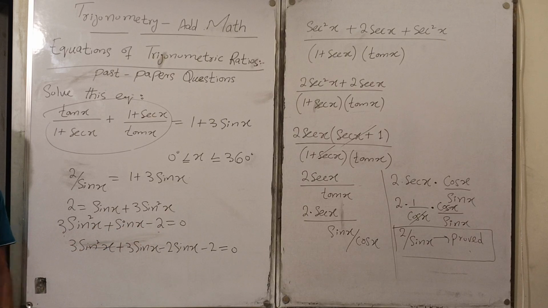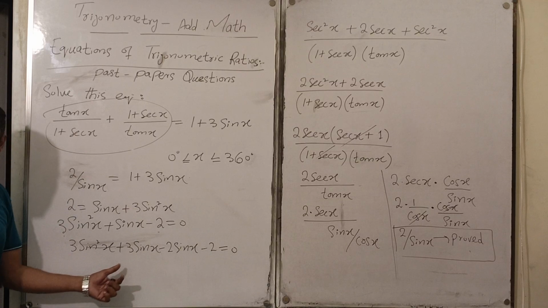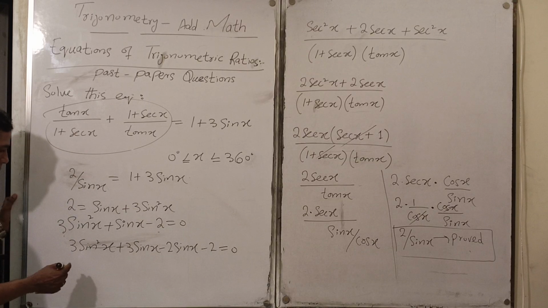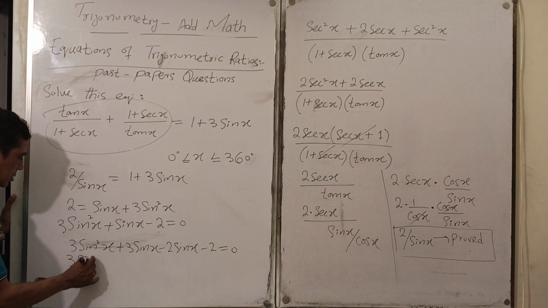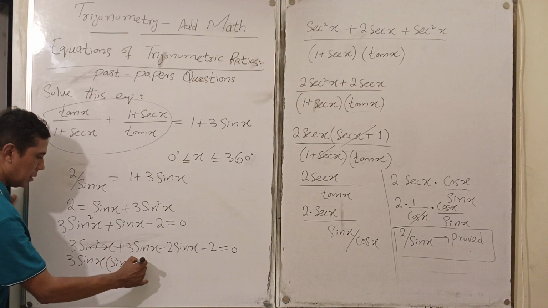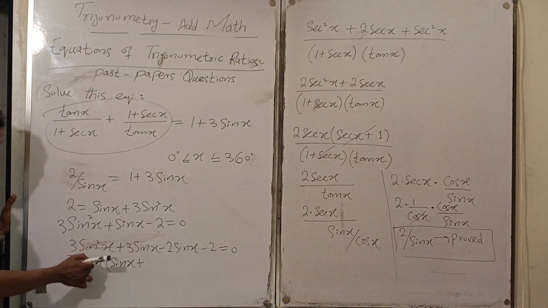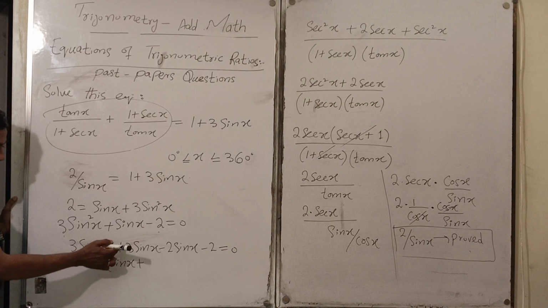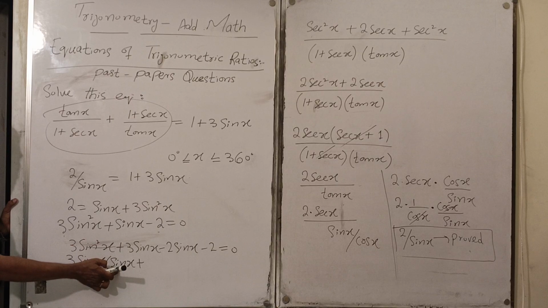Okay? You got my point? I just factor out this equation. So now you can find out the value. Factor out 3 sin x. Sin x में से 1 sin x factor out हो गया, तो एक बचेगा ना.